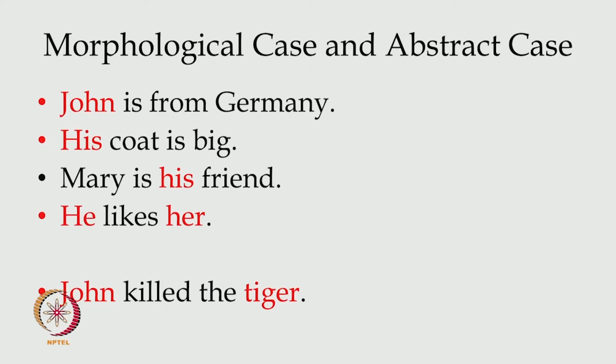Okay? Now, look at the second one. We say his coat is big. Can we say he coat is big? No. Why not? Why do we need to say his? And what is that? You are right, that's the possessive, and possessive is a case. Okay?